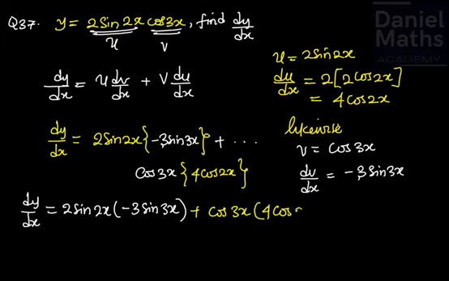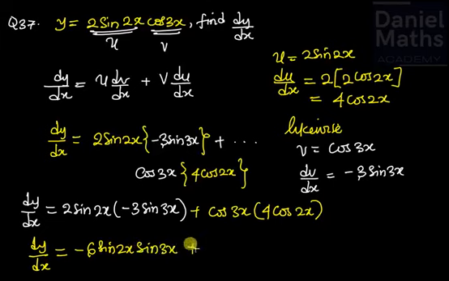If I open this up, it will give me minus 6 sine 2x sine 3x, and then plus 4 cos 2x cos 3x. So this is my answer to this question.